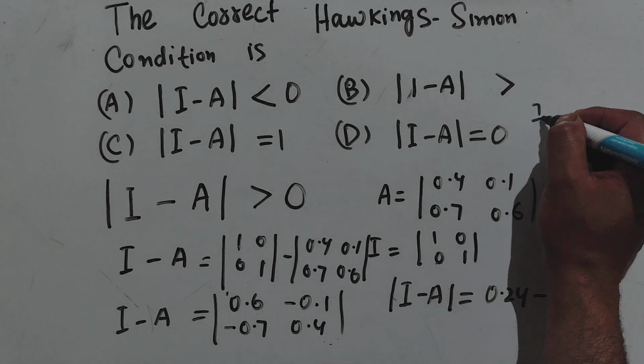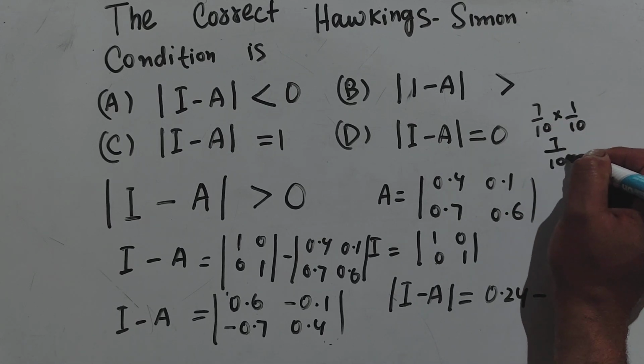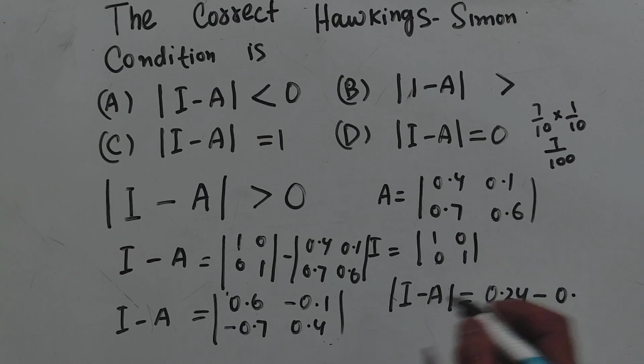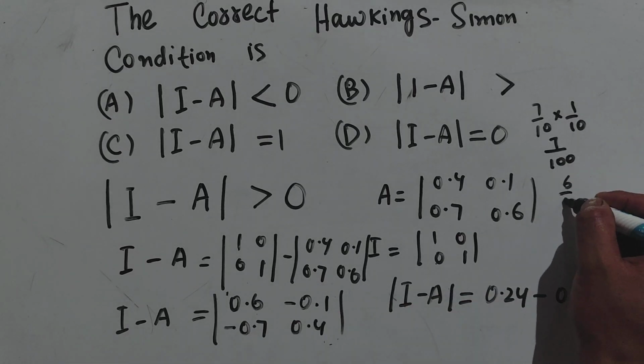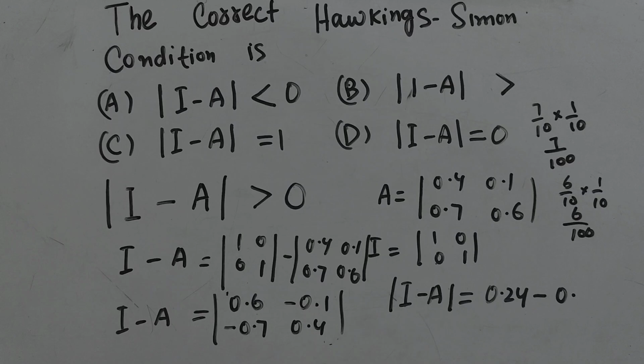So we have 7 upon 10 into 1 upon 10. So we get 7 upon 100. So what about 0.6? So we have 6 upon 10 into 1 upon 10. So we get 6 upon 100, I guess.